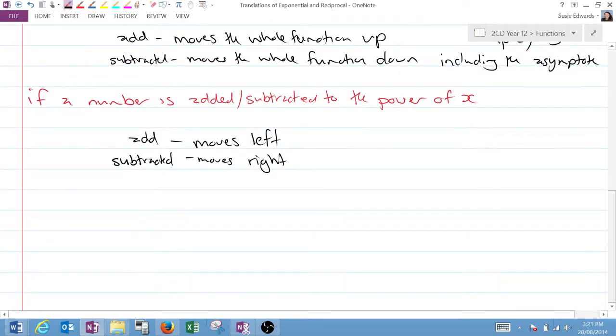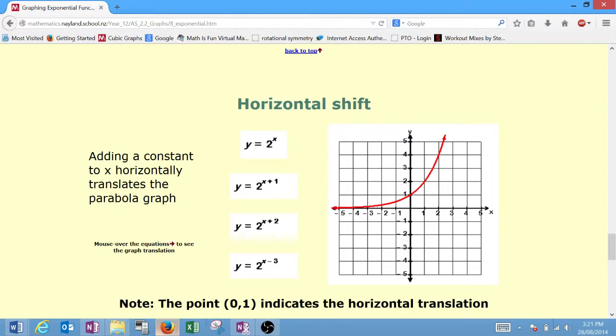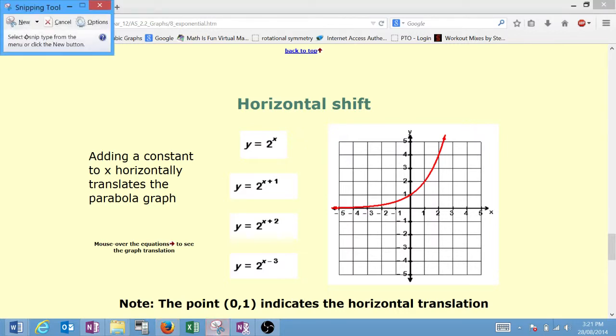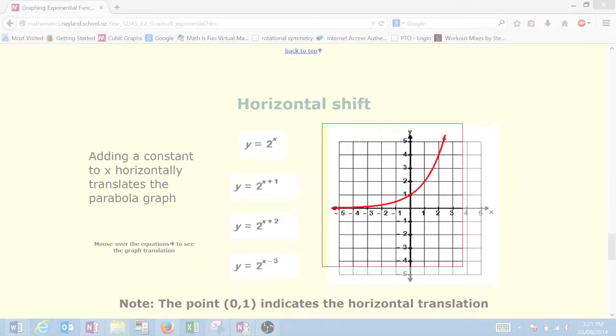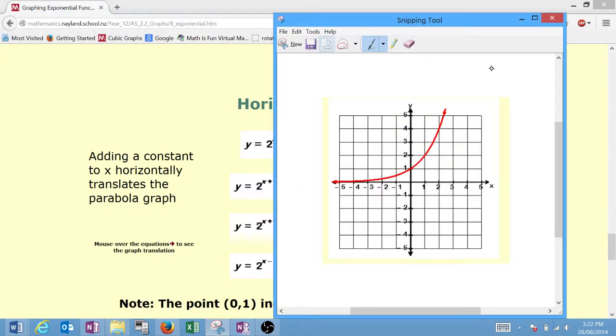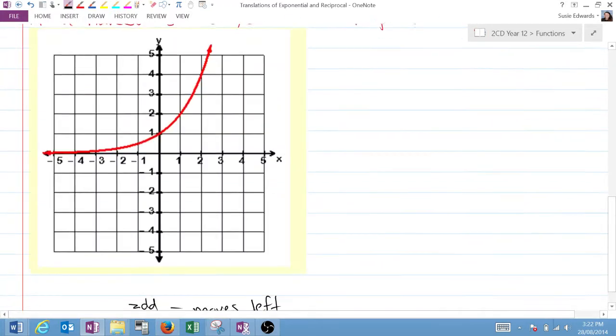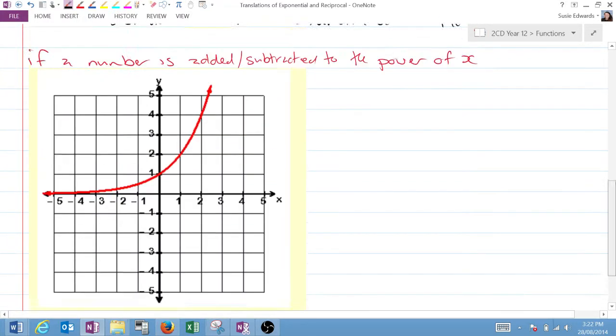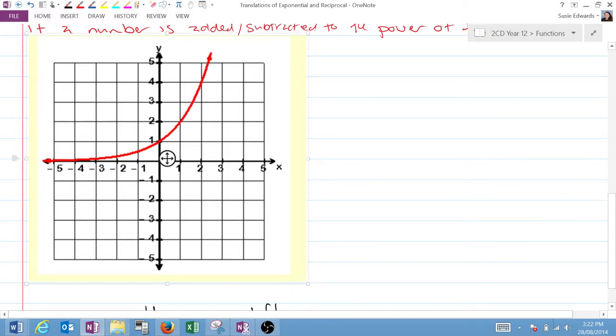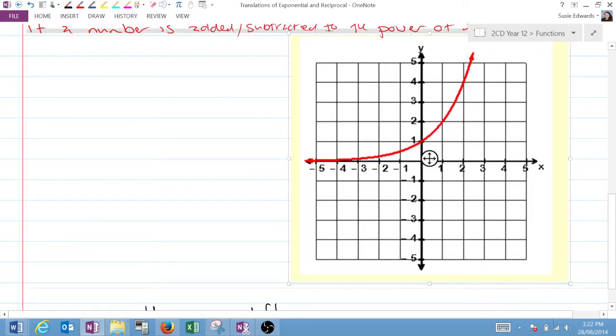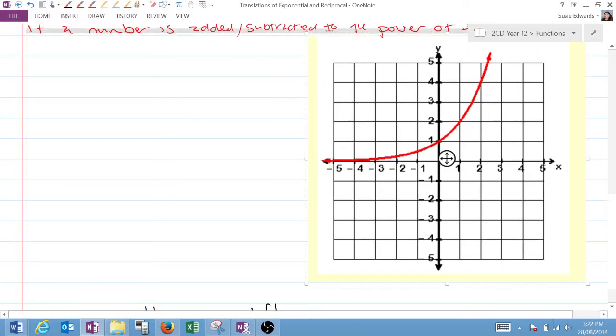Now, if you're actually drawing this, you need to move the points. It's alright, we can deal with that.